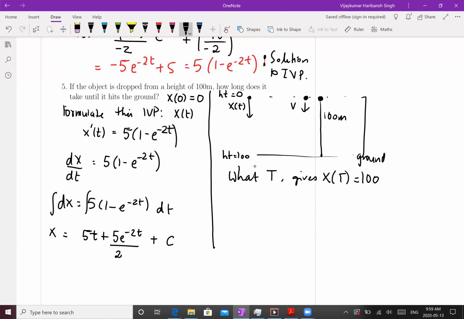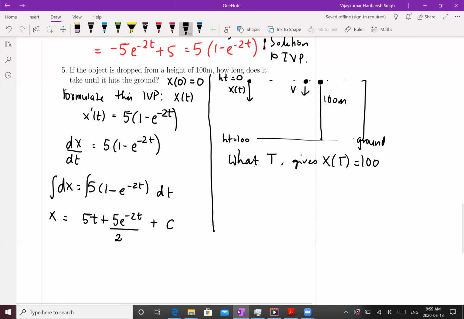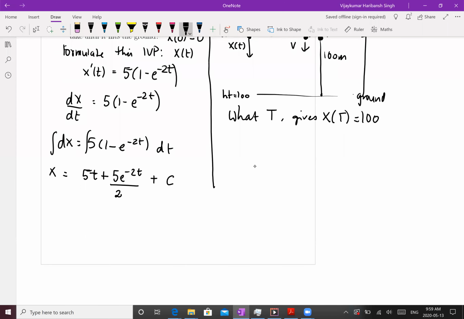All right, so the idea is, because there are many solutions to this differential equation, right? But you are given the following: x of 0 equals 0. So let t equal 0.